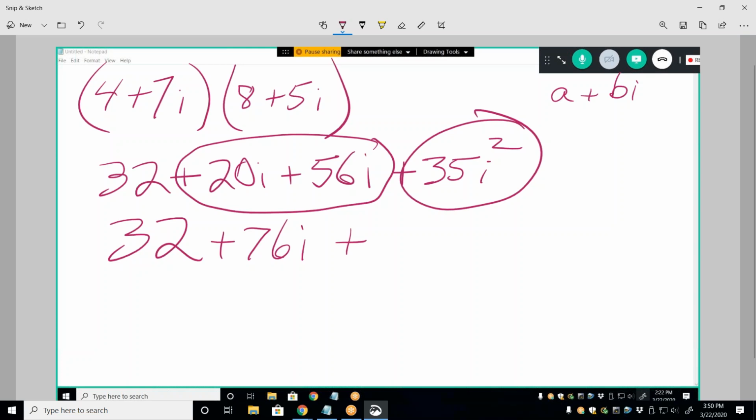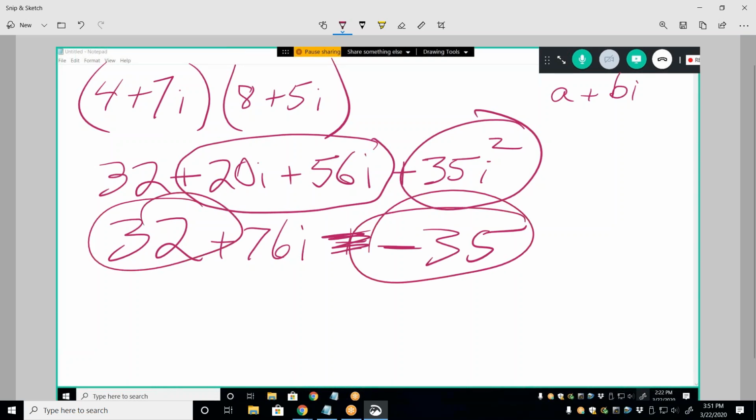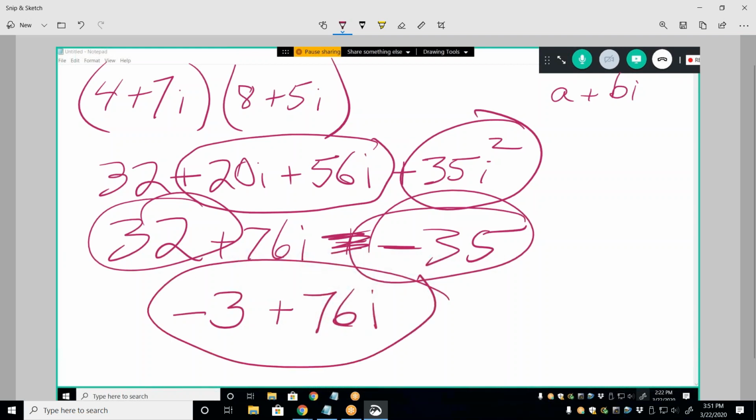Negative 1. Okay, so what's plus 35 times i squared? Negative 35. Now combine your real numbers, that one and that one. It's negative 3. That's the a plus bi format. a is negative 3, b is 76.